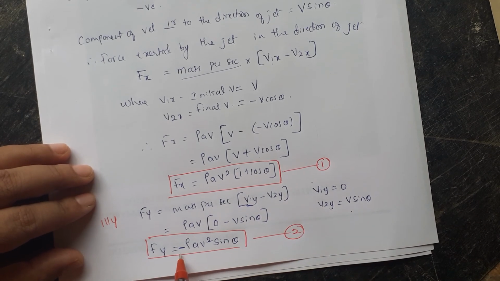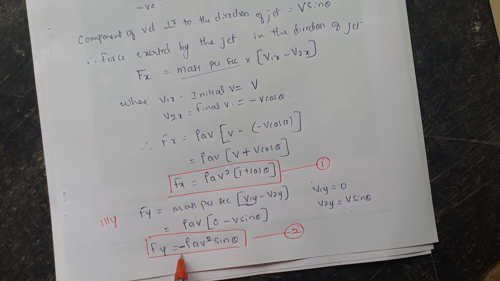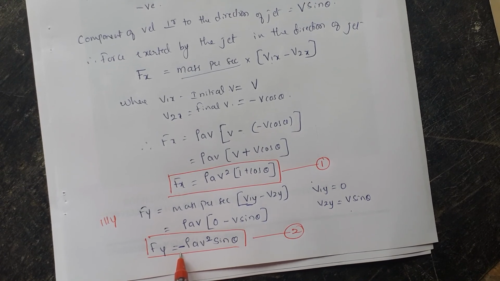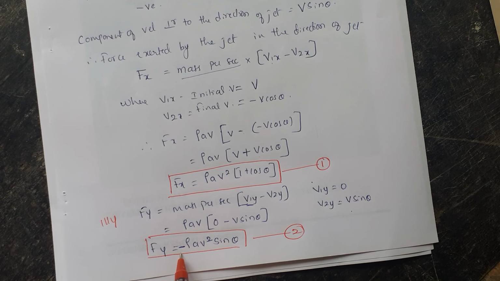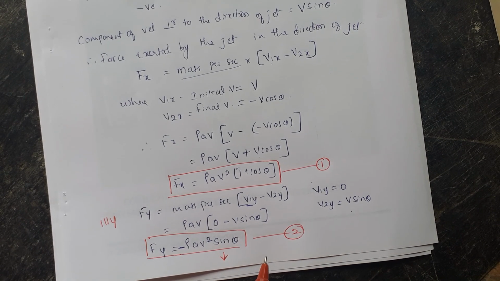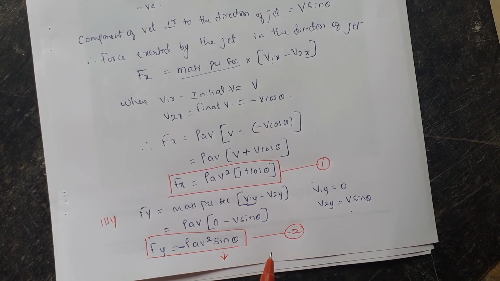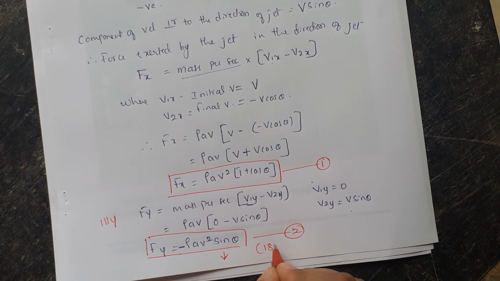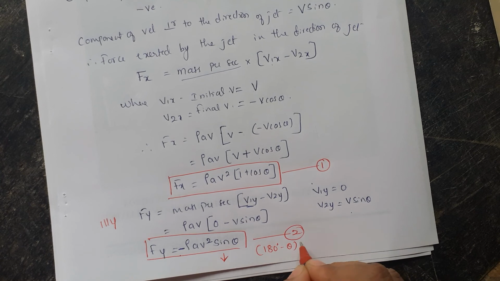This is the equation for the force exerted by the jet in the y direction when the jet strikes at the center of the fixed curved plate. Here the negative sign means the force is acting in the downward direction. In this case, the angle of deflection of the jet can be taken as 180 degrees minus theta.